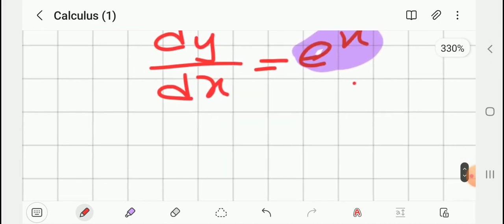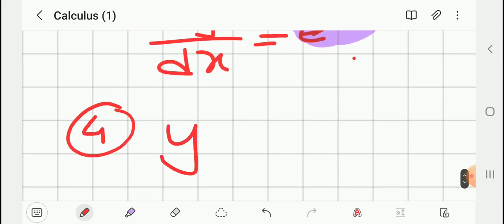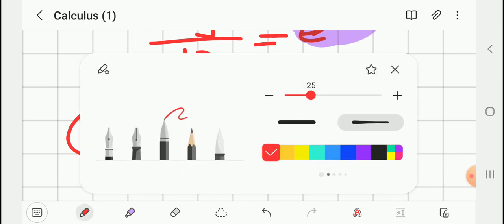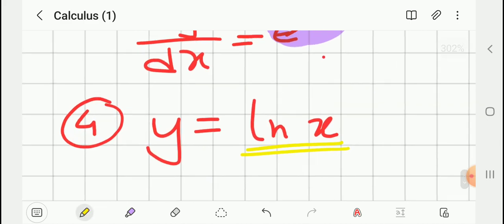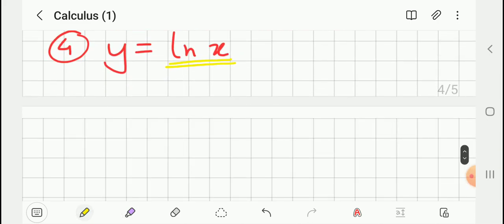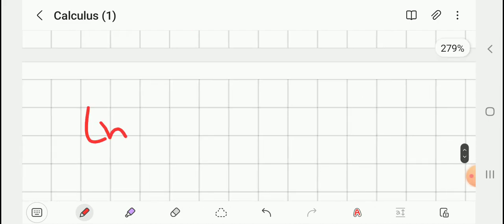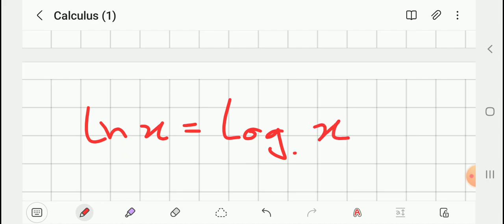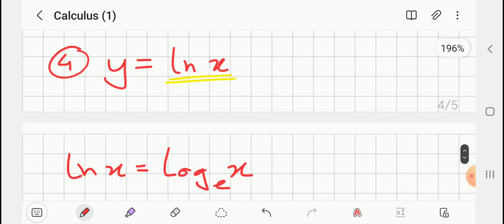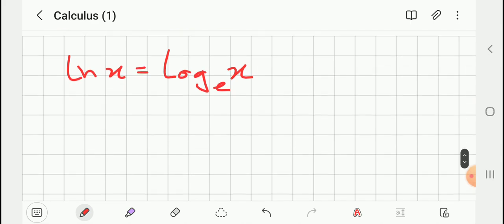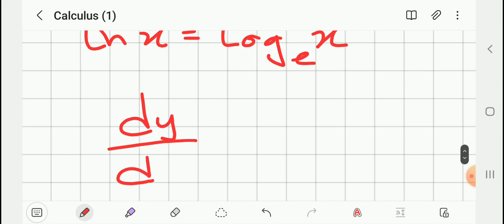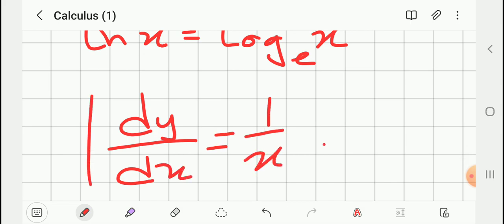Now next we come to the fourth formula, when y is equal to ln x. Here ln x means logarithm of x to the base e. Just simply learn this. When y is equal to ln x, at that instant, we can write dy by dx is equal to 1 by x for sure.